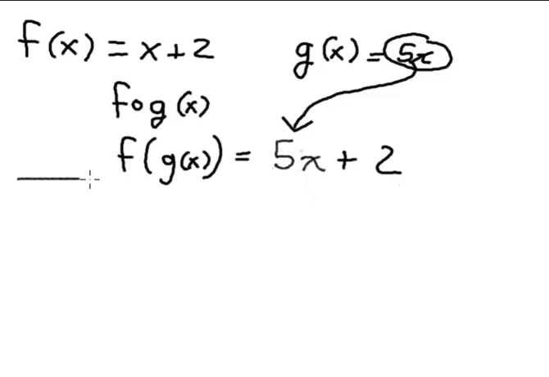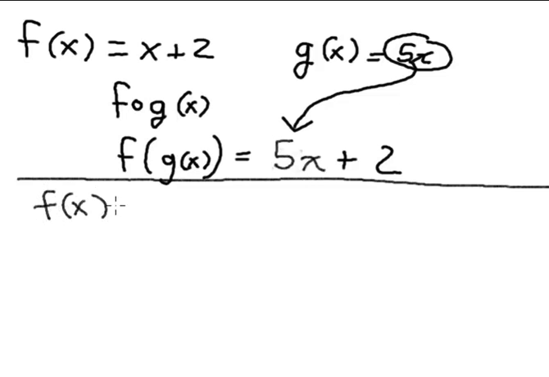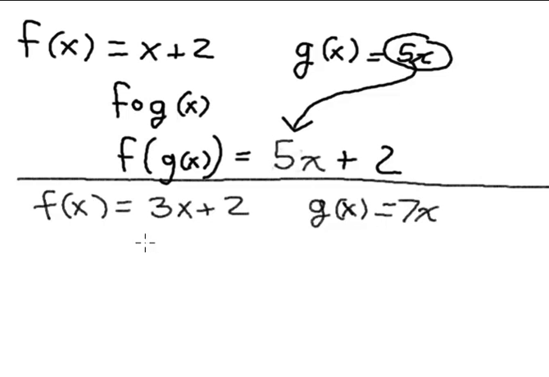Okay, let's try another one that's going to be a little bit more tricky, not much. This time I'm going to have f of x equals 3x plus 2, and g of x equals 7x. And this time I'm going to do g of f of x.